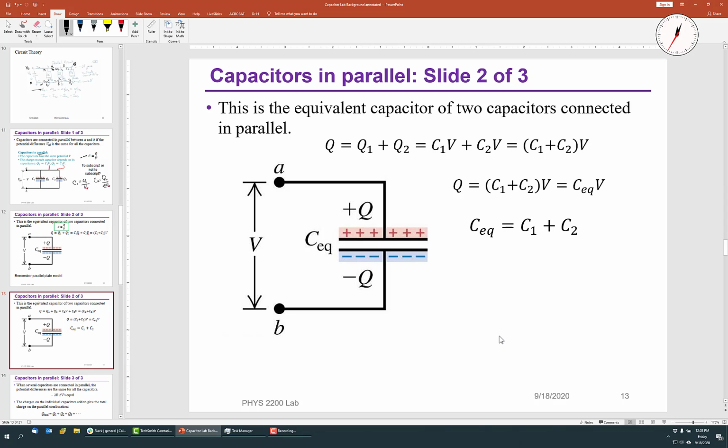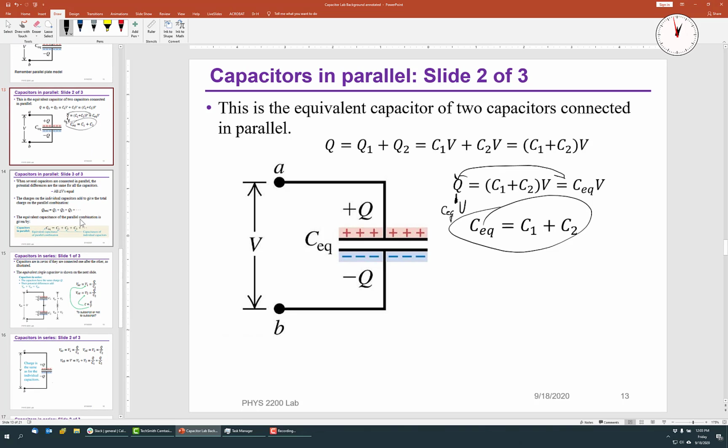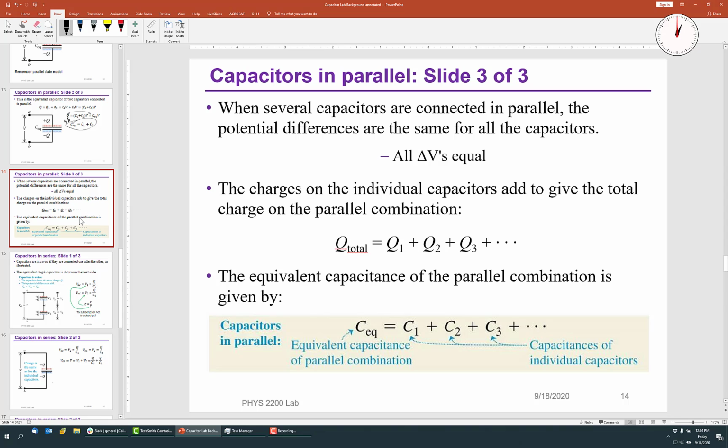So Q total, of course, is going to equal C equivalent times V, because it's the same V for everybody. I just didn't practice before I started recording. And so we can just eliminate the common term, so we're left with this. It's one of the things we're going to verify in the lab, or you're going to try to verify. And that's just a summary.